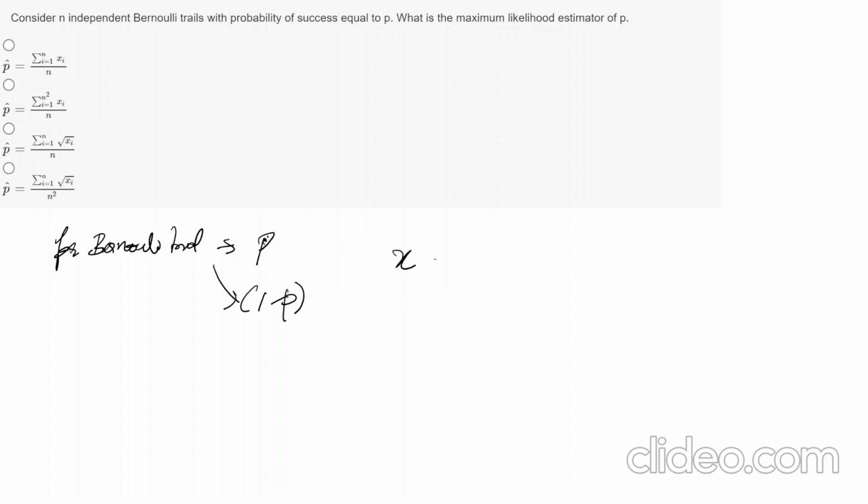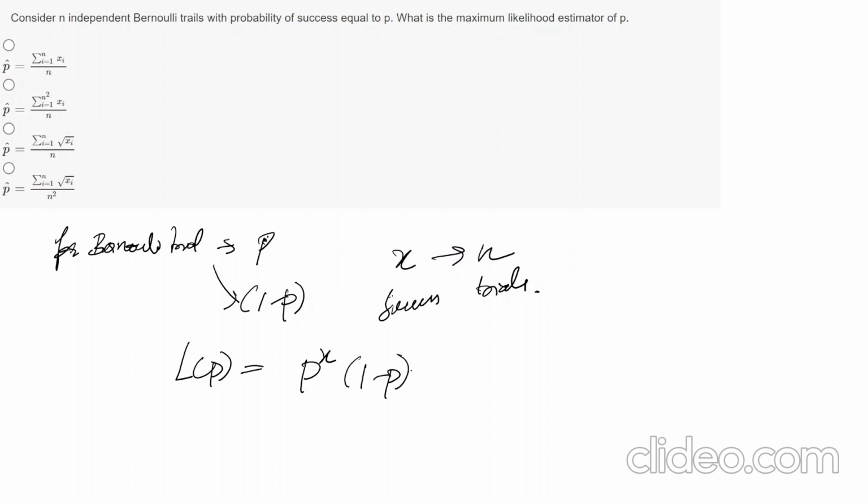Let's say x is the number of successes in n trials. We want to find the maximum likelihood of p.